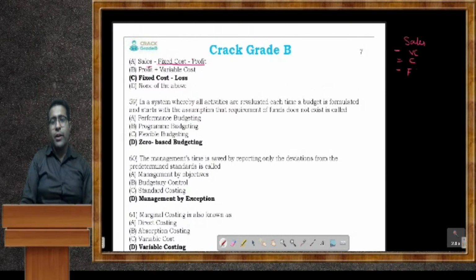Then we have to deduct fixed cost, we will get profit. So two formulas: sales minus variable cost, or fixed cost plus profit. But if there is a loss, then fixed cost minus loss. Okay, so the right answer is B, C. Okay, moving to the next question.